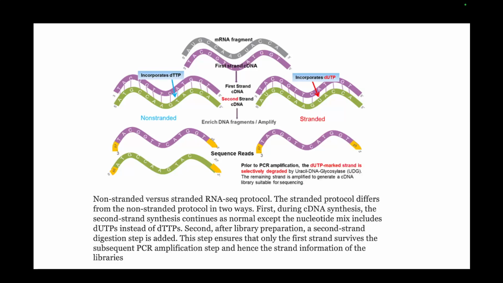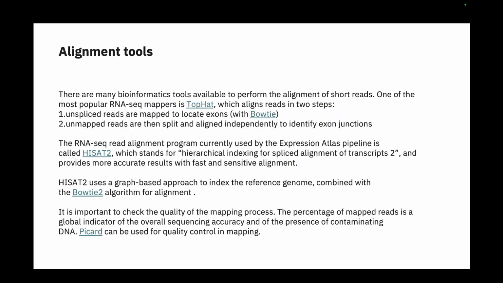And after that, in the library preparation, a second strand digestion step is added. So in the standard ones, you need to digest one of the strands and sequence the other one. Right? So you need to digest that part of the strand using certain types of enzymes, and this step will ensure that only the first strand survives in the subsequent PCR amplification step, and hence the strand information of the libraries is preserved.